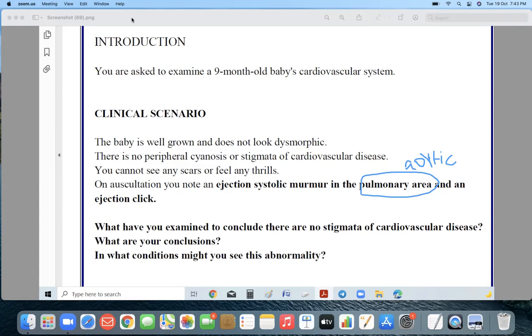In the neck, if there is incompetence, you can find the Corrigan sign, that is the dancing carotid or visible pulsation of the carotid. I have seen this one. Okay, it is called dancing carotid or visible pulsation of the carotid. Corrigan sign. Okay.